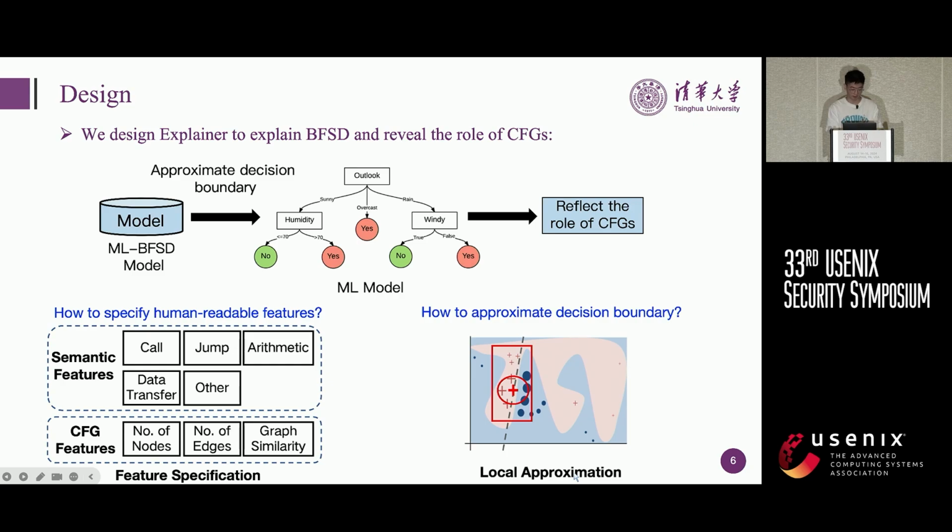There are two types of features, semantics and CFG. Semantic features encompass various common instruction types, such as call and arithmetic instructions, while the number of nodes, edges, and the graph similarity belong to CFG features.